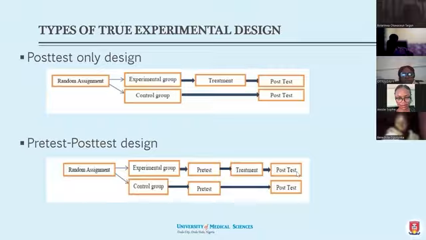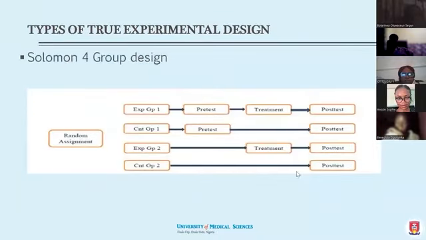Then we'll talk about the third one, which is called the Solomon 4 group design. In this design, as the name implies, Solomon 4 groups, you have four groups. You have two experimental groups and two control groups, which are randomly assigned. Participants are randomly assigned to each of these four groups.